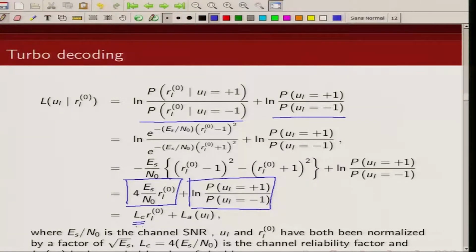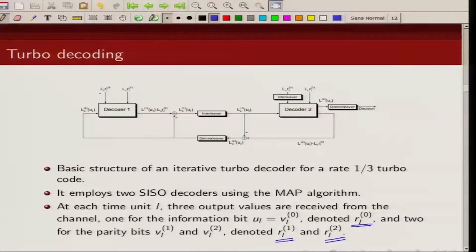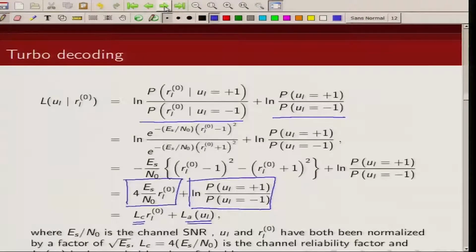So, there are 2 inputs, one coming from the channel which is multiplied by this factor LC, and the other is a priori knowledge. And that is why you noticed in the diagram that I had LC times RL0, LC times RL1. These received values were scaled by this channel reliability factor as you have just derived here.